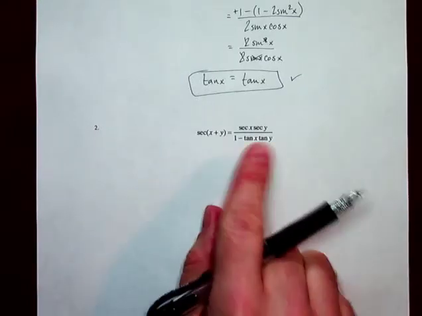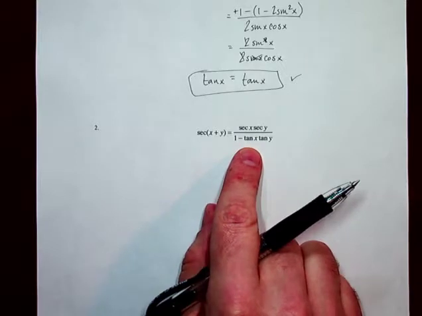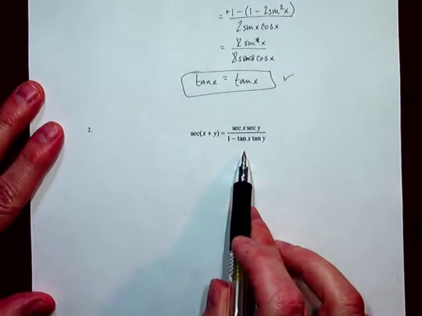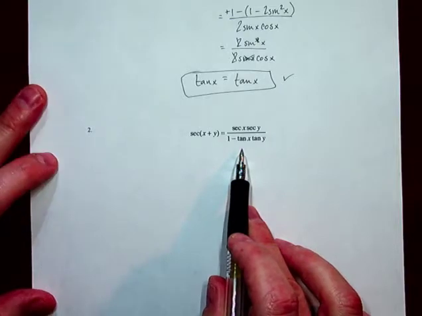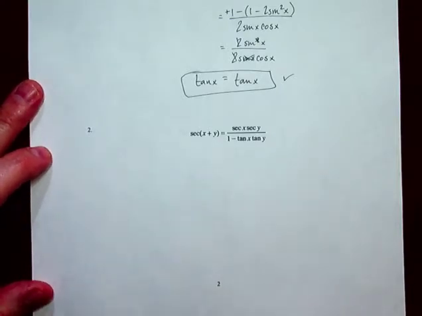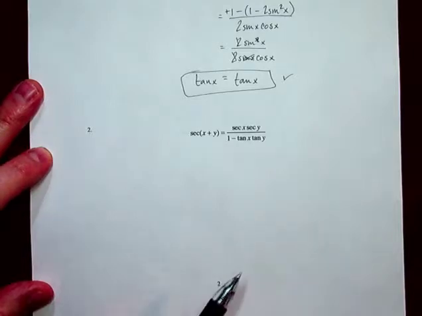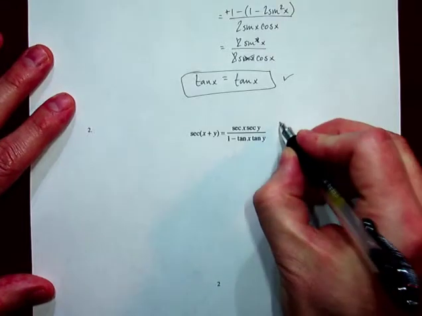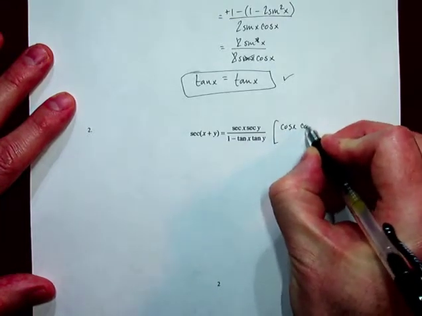You also need to look over here and say to yourself, I recognize that it has both secant and tangent in it, and both have something in common, and that is a denominator of cosine. So this implies a complex fraction that has denominators of cosine x and cosine y. How do you get rid of denominators of cosine x and cosine y? Well, you multiply by cosine x and cosine y.